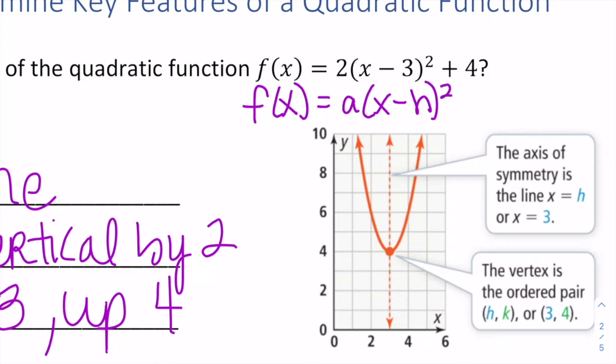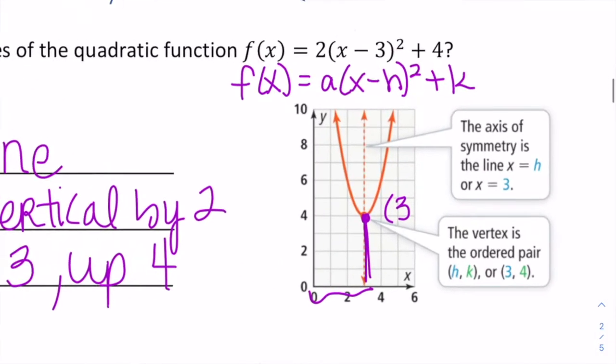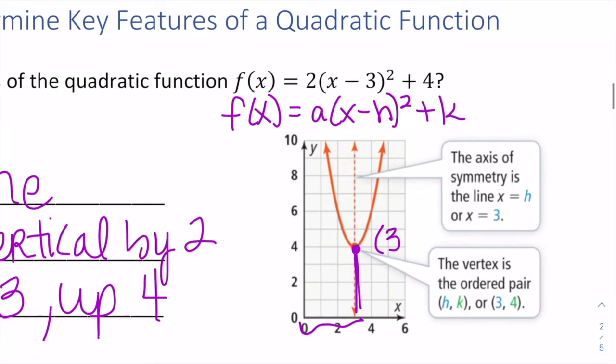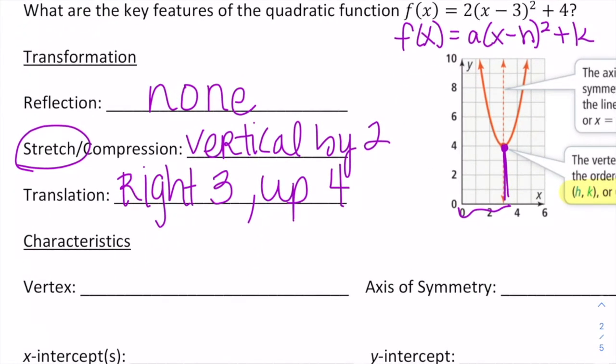The first part that I want to point out is the vertex. So we know that this vertex here, it's shifted 3 to the right, 4 up, so that vertex is going to be 3, 4. I'm just going to highlight it right here. So that gives us the ordered pair 3, 4 as the vertex.